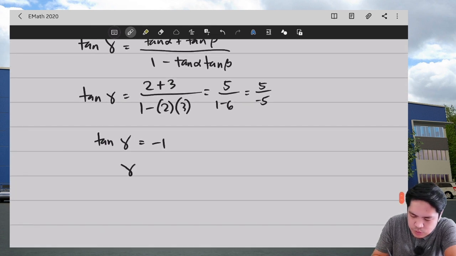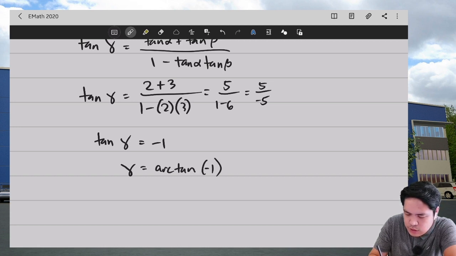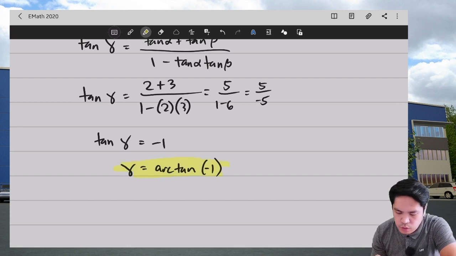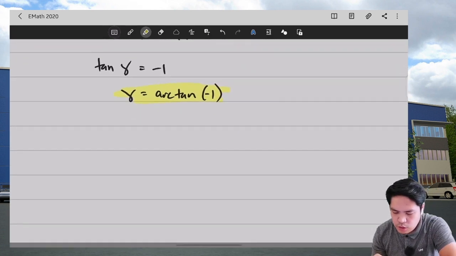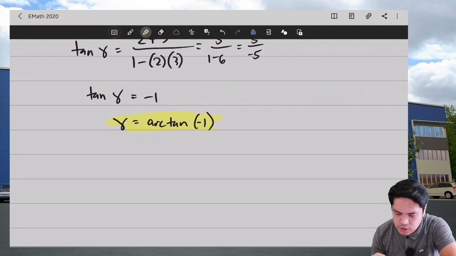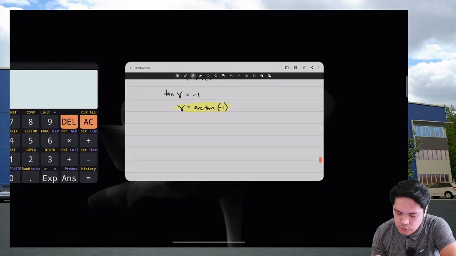So gamma, the result of our answer in simplified form, is just equal to the arc tangent of negative 1. Arc tangent of negative 1, that's negative 45 degrees if we use our calculator.